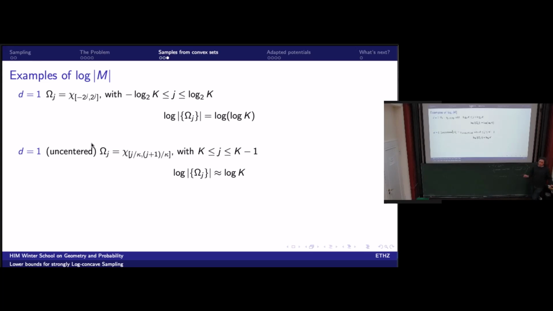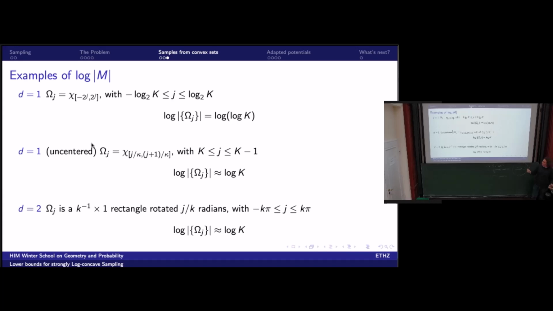So now we're going to look at dimension 2 in the centered case, and I want to convince you that dimension 2 in the centered case and dimension 1 in the uncentered case are the same problem. Okay, so what do we do in dimension 2? Now we are centered, so we have to contain this little ball around the origin. We build a bunch of rectangles.